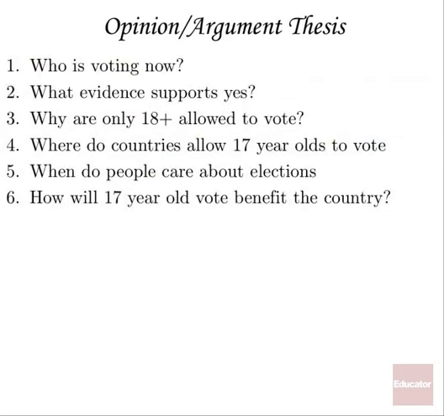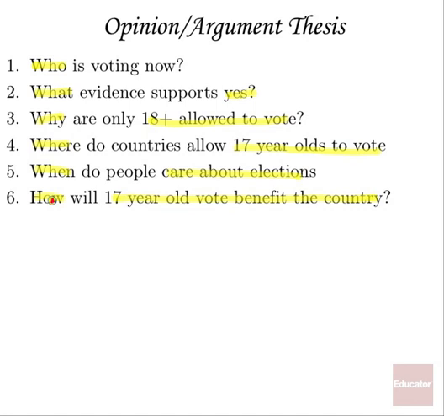Who is voting now? What evidence supports yes? Why are only 18 plus allowed to vote? Where do countries allow 17-year-olds to vote? When do people care about elections? How will 17-year-old vote benefit the country? So I've asked exactly one who, what, why, where, when, and how.